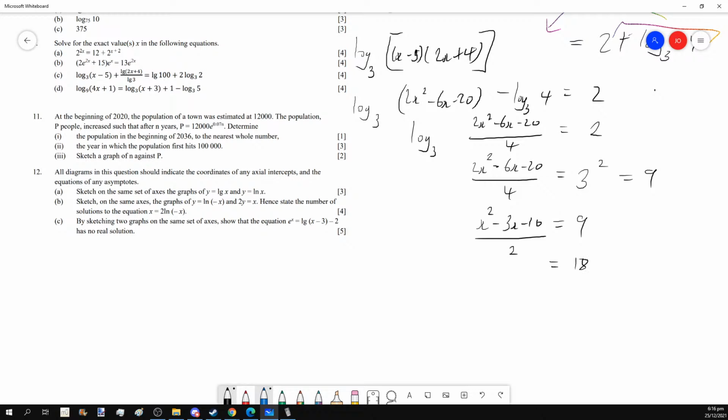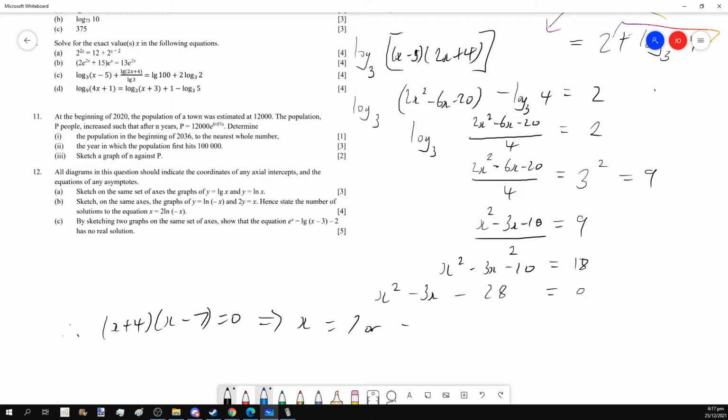From here, we will simply move the denominator like that, and this will give us a quadratic in this particular shape. From here, the rest of the problem is pretty straightforward. We will simply perform quadratic factorization as always, like so, and this gives us x equals 7 or -4.